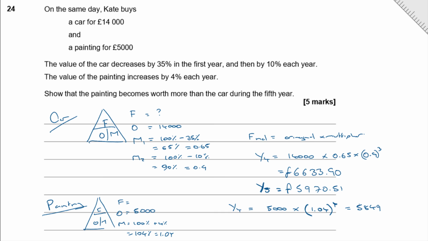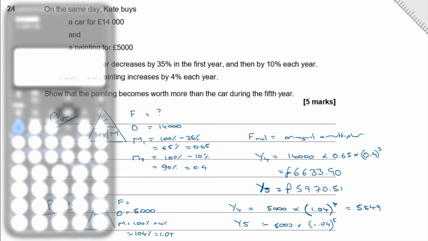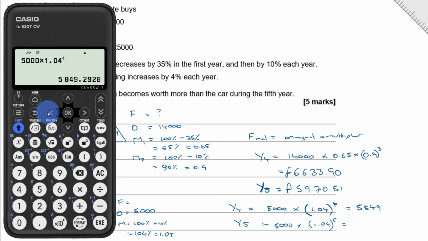Okay, and then in year 5, it's going to be 5,000 times 1.04 to the power of 5. That's taking my last answer and multiplying it by another 1.04. That comes out to be 6083.